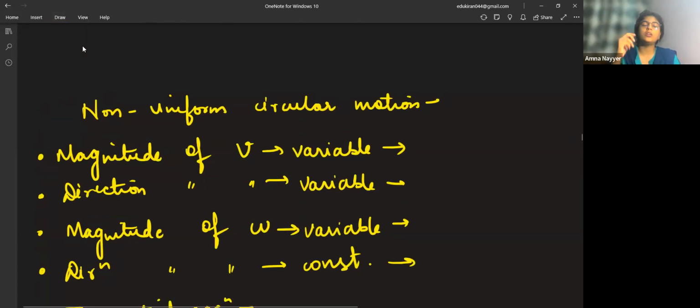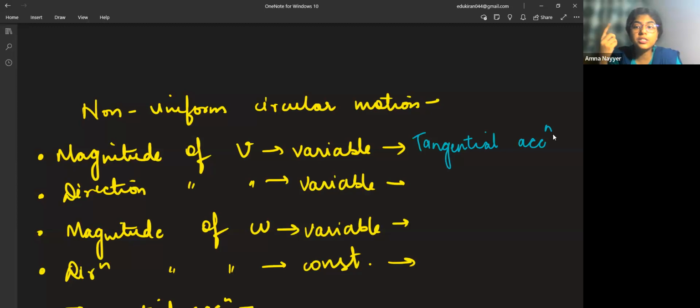So see, when the velocity's magnitude is changing, that acceleration will be tangential acceleration. When direction is variable, the direction change causes centripetal acceleration.